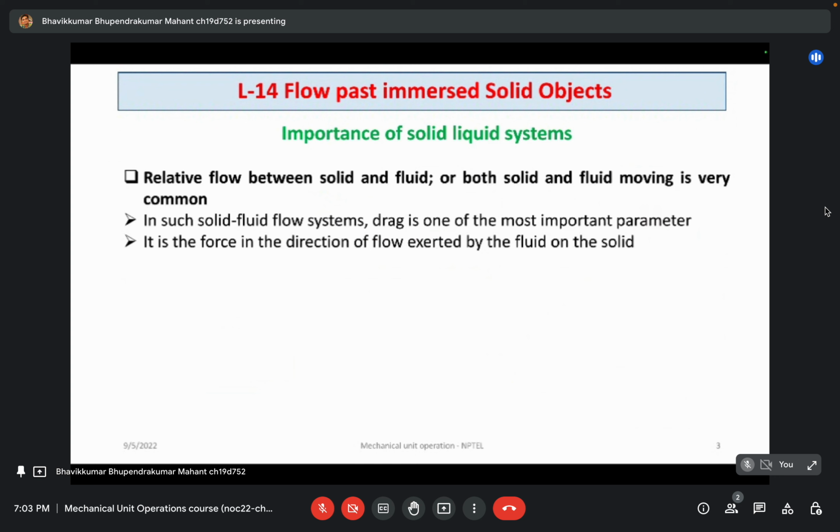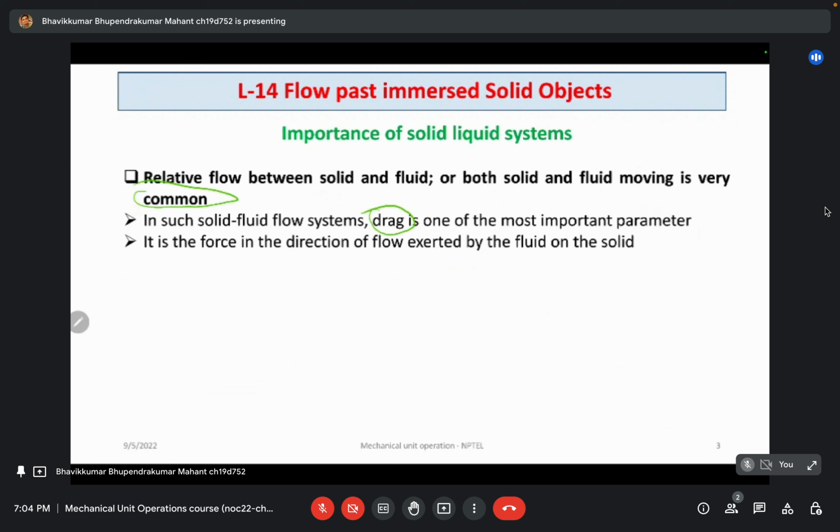Relative flow between solid and fluid, or both solid and fluid moving, is very common, much more common than solid availability alone in industry. In such solid flow systems many components are important, but we need to discuss the drag.